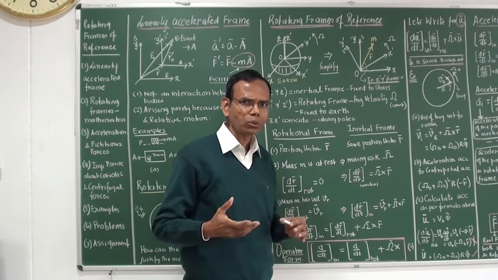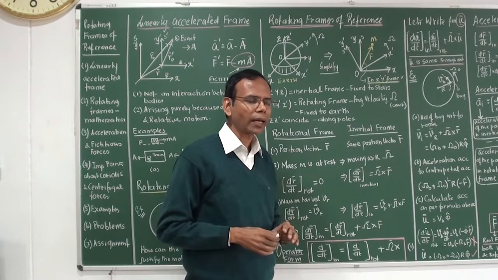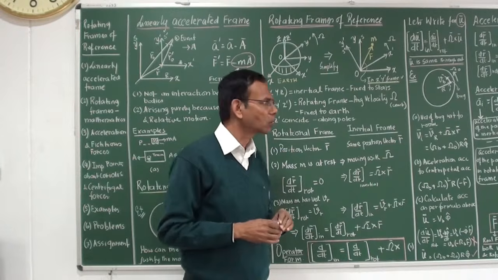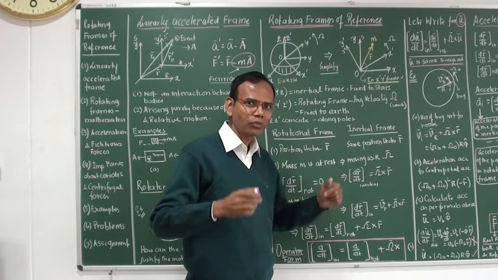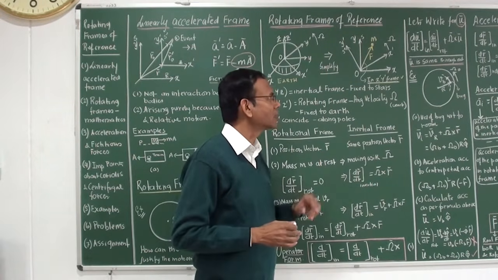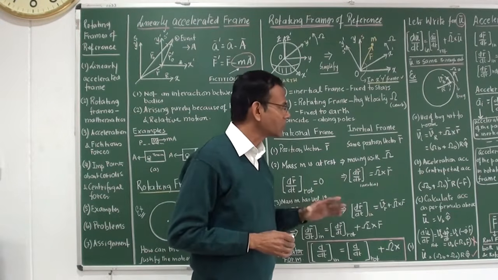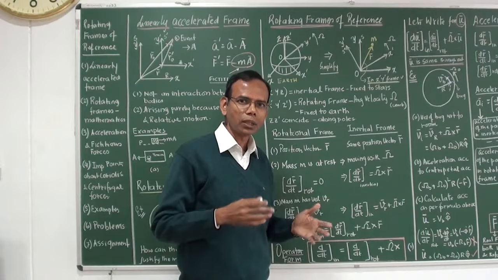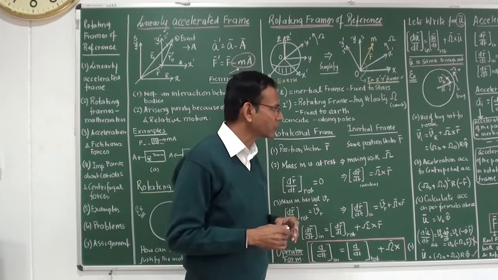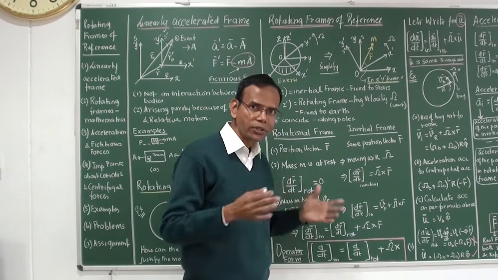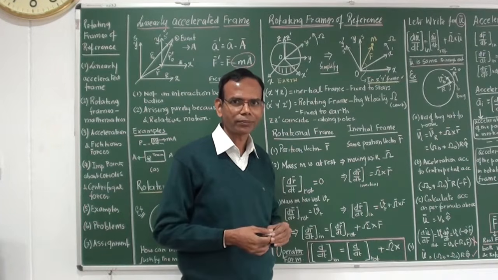Now I request you to have a glass of water and just relax for 2 or 3 minutes, and then with fresh energy we will start the most important topic, the fictitious forces, how they are coming, the Coriolis force and the centrifugal force, and the derivation part of it, the mathematics part of it.